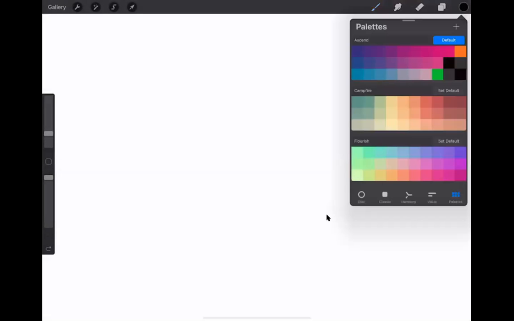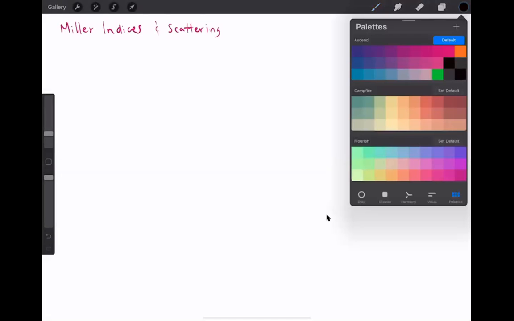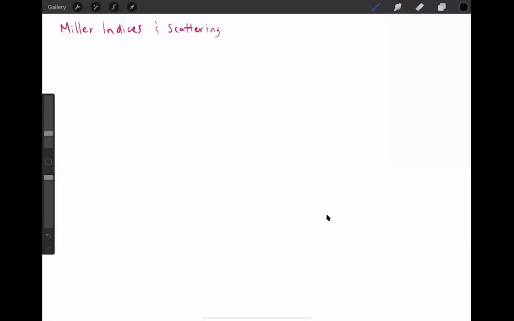Yep. All right. So let's look at Miller indices, right? And how they work. So this Miller indices has a big role in the scattering because he has two things that he's doing. The first one is that he's telling you that this G vector is normal to the plane.